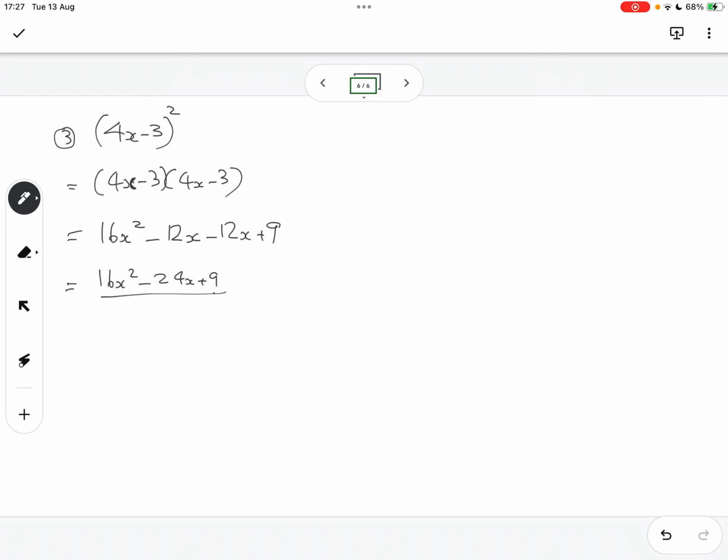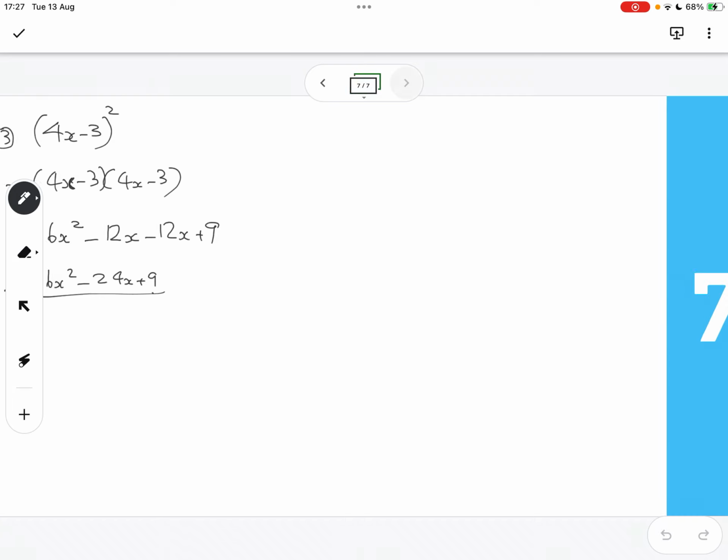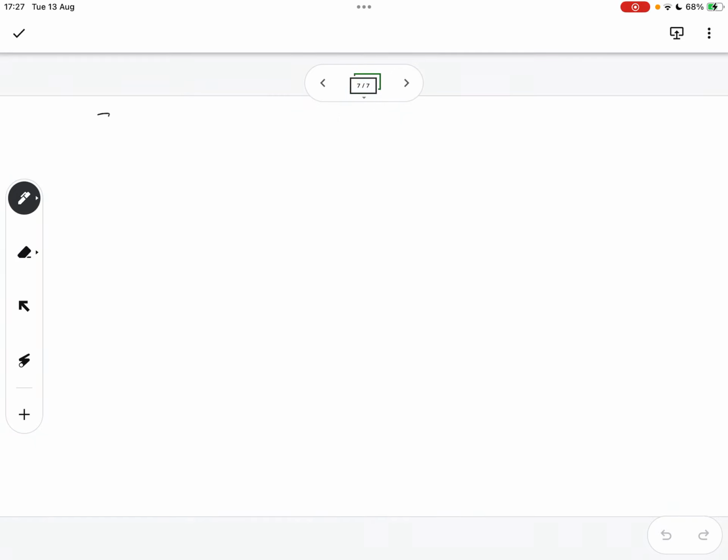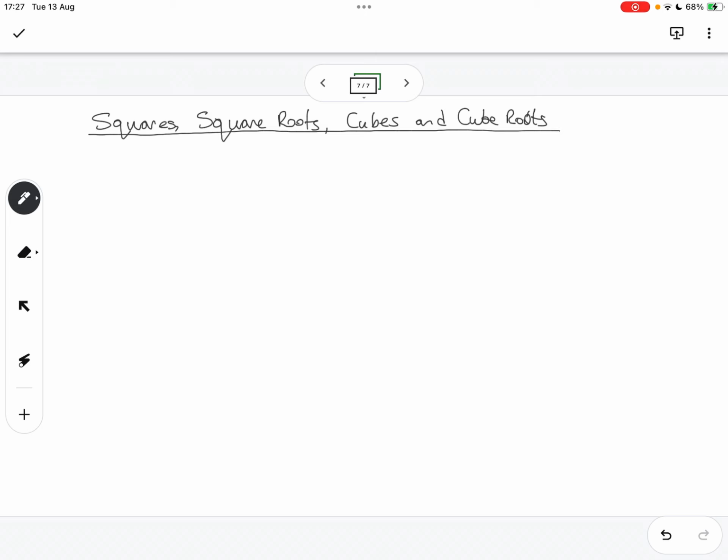Okay, so let's do these squares, square roots, cubes, and cube roots. Do you know how to operate square roots and cube roots on the calculator?